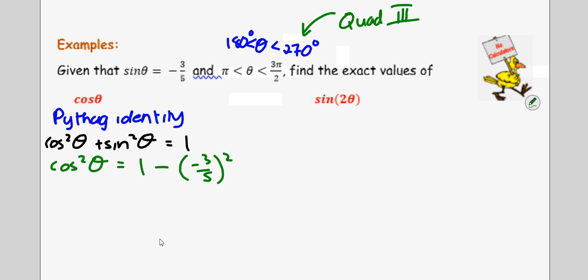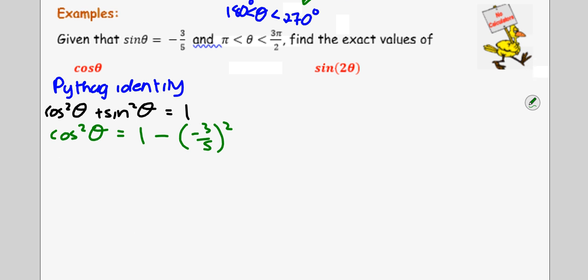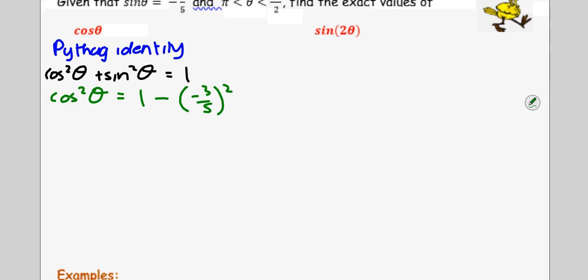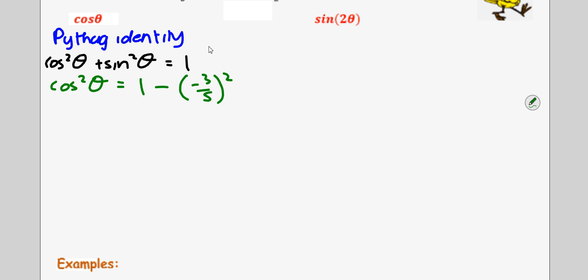On paper, I just plugged it straight into the formula first, because that makes it really easy for the examiner to give me my method mark, because they don't want to think too much and try to unscramble what I've done.